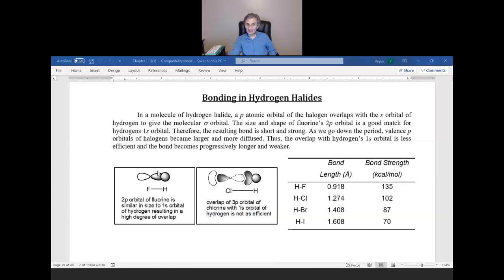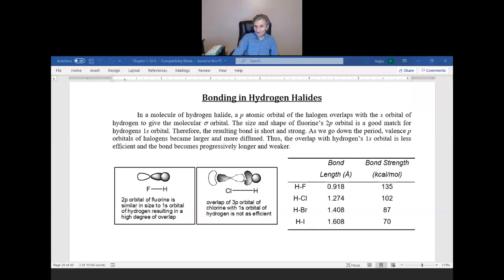That's because of the orbital that the halogen uses to bond with hydrogen. Fluorine uses 2p orbital. That's a small, short orbital, and it matches very well with the hydrogen orbital. That results in formation of a short and strong bond. Chlorine uses 3p orbital, and 3p orbital is much longer, and you see how these lobes are cut.